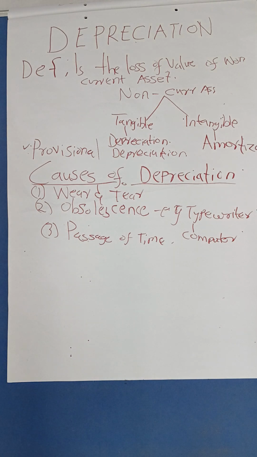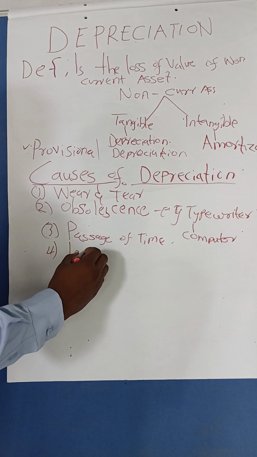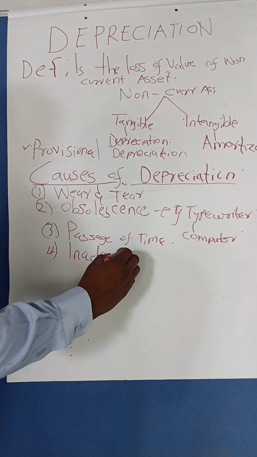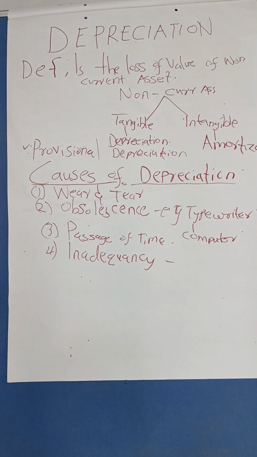Good. We have another factor that can result in depreciation that we call inadequacy. For this case, the assets you are using may not be coping with the existing demand of the business.